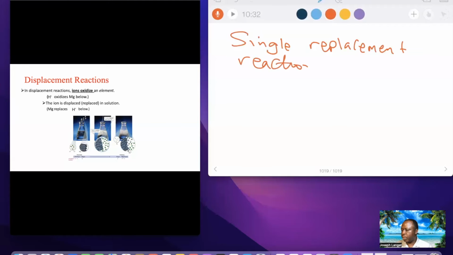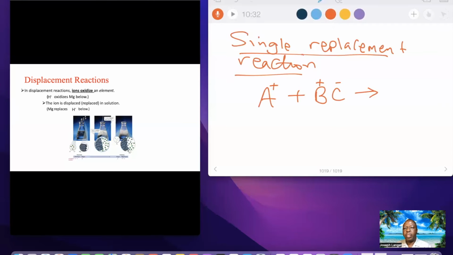When we say a single replacement reaction, it is of this type: A plus BC. We look at this as a cation, this is a cation, this is an anion. It can be a polyatomic ion, and they are competing for this anion.